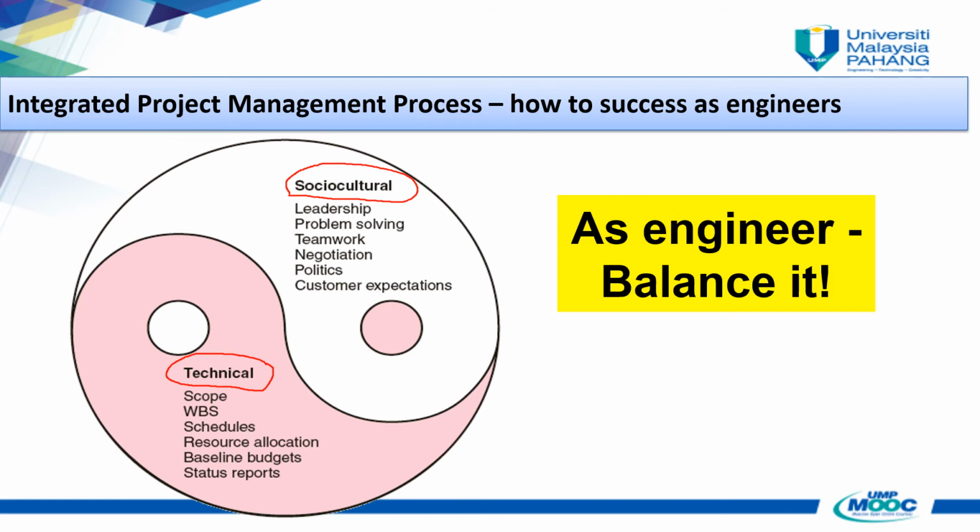Okay. Most of the time, this is where the EQ comes from, and here is where IQ comes from or is utilized. EQ is emotional, all right. So as an engineer, you must have good leadership.